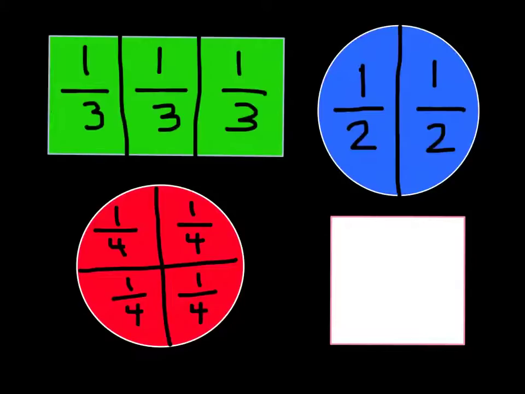Okay? Let's look at this square at the bottom. And since we have talked about lines of symmetry, you might know something about squares. If I wanted to divide this square into halves, I could divide it that way, or I could divide it that way.